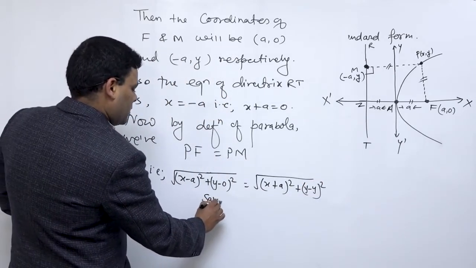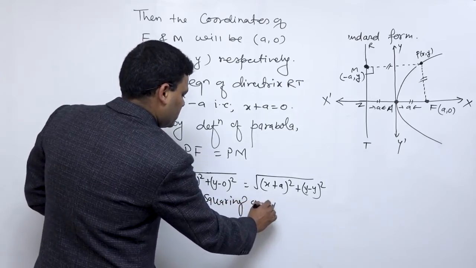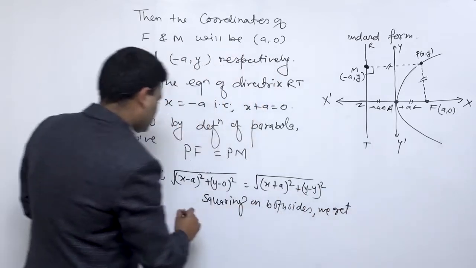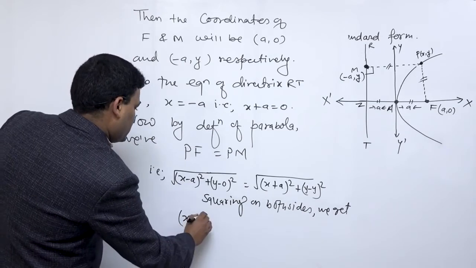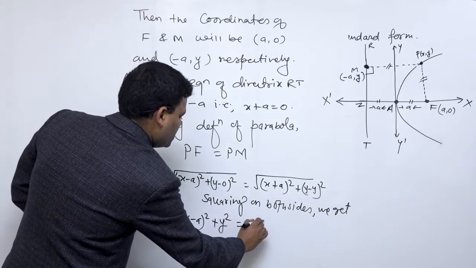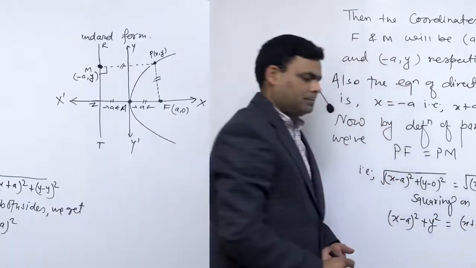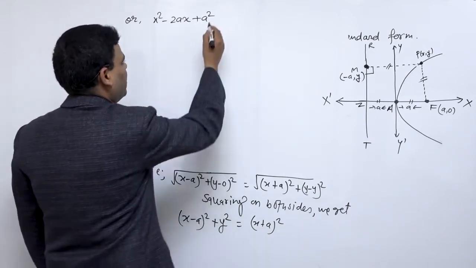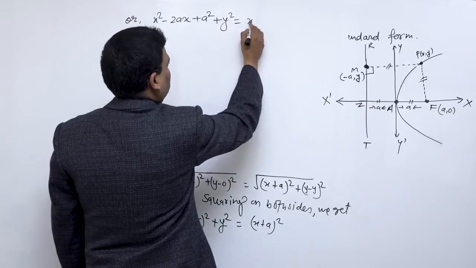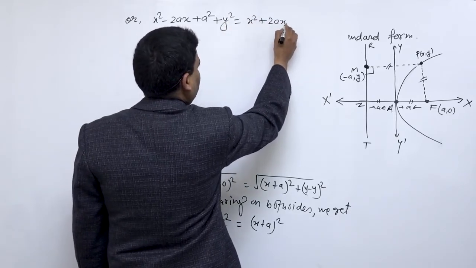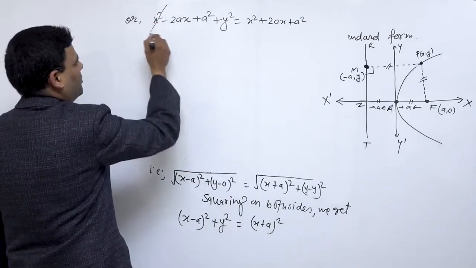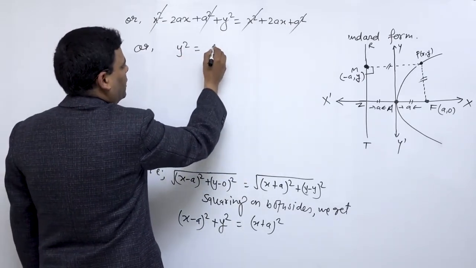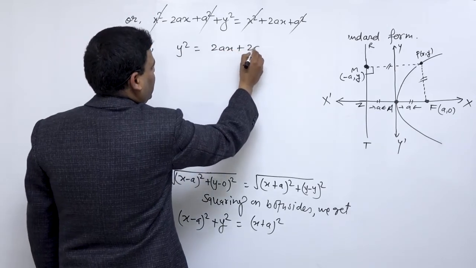Squaring on both sides, we get (x minus a) whole squared plus y squared equals (x plus a) whole squared, so x squared minus 2ax plus a squared plus y squared equals x squared plus 2ax plus a squared. x squared cancels, a squared also cancels, so y squared equals 2ax plus 2ax.